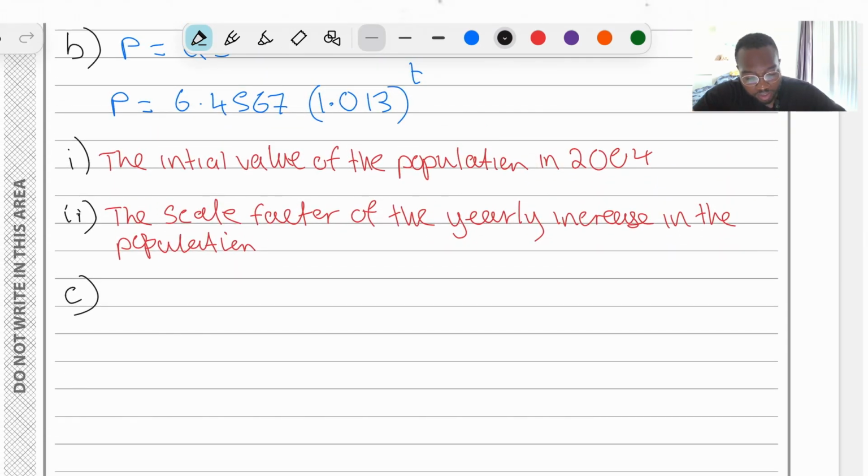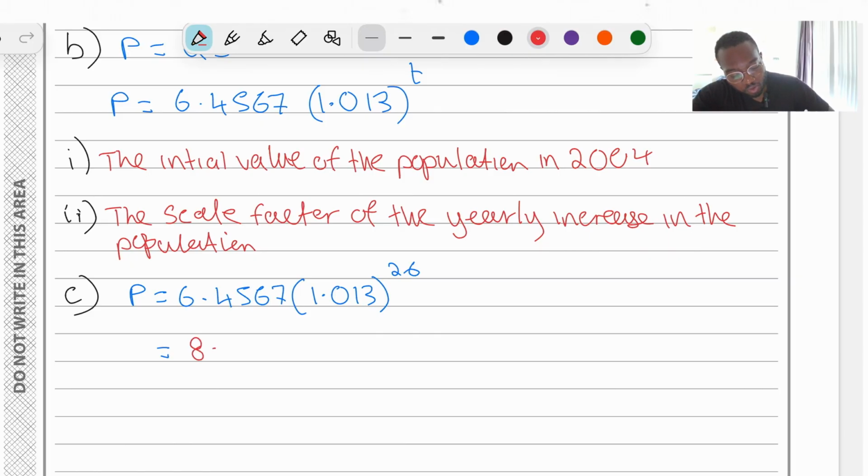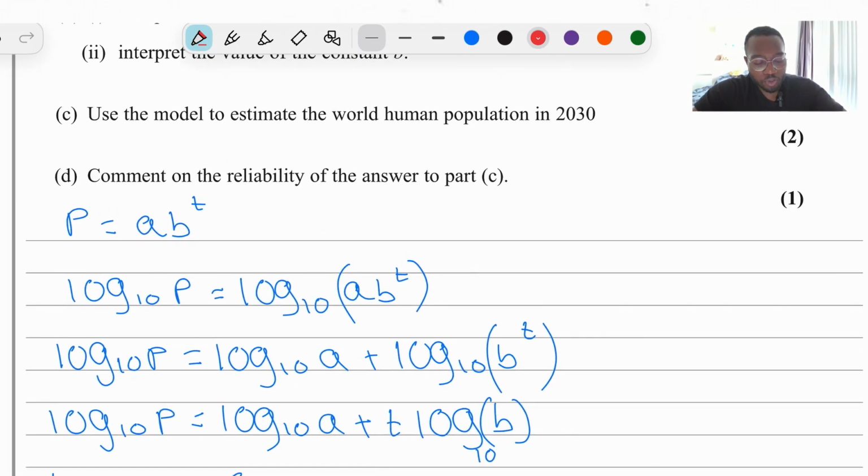We know our formula is P equals 6.4567 times 1.013 to the power of t. So in this case, P would be 6.4567 times 1.013 to the power of 26. Put all that into your calculator, and you would get 8.921 billion.